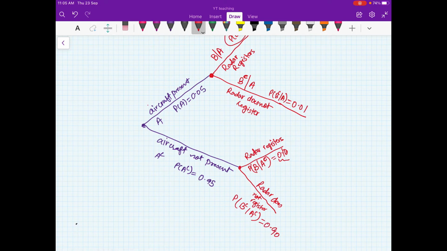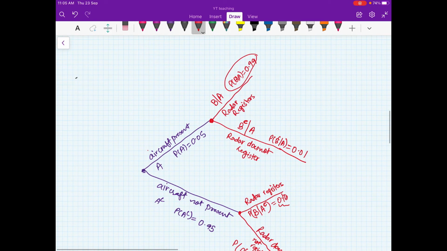Is that okay? Now you see. Now if you look at this event, what is this event? This event is that aircraft is present and radar registers it. So this is A intersection B. Right? If you look at this node, what is this node? This node is that aircraft is present and radar does not register.